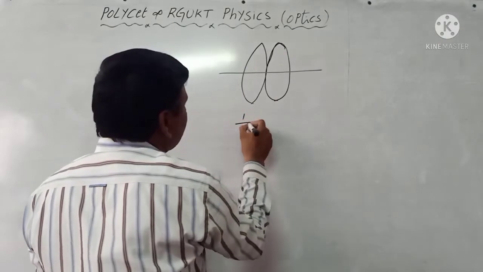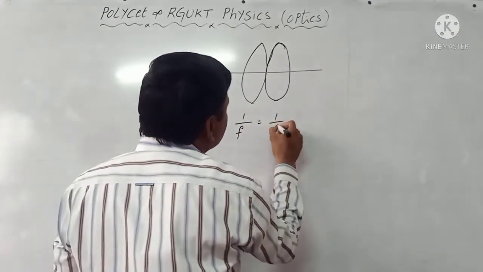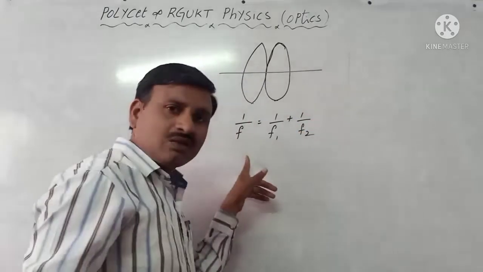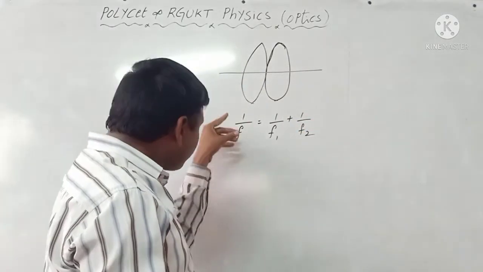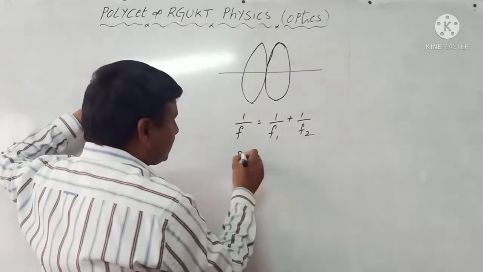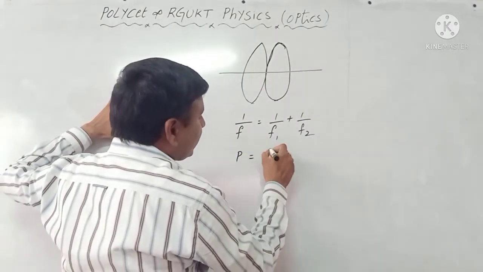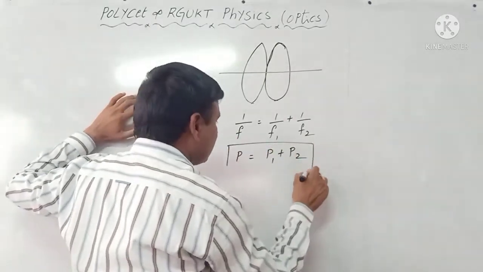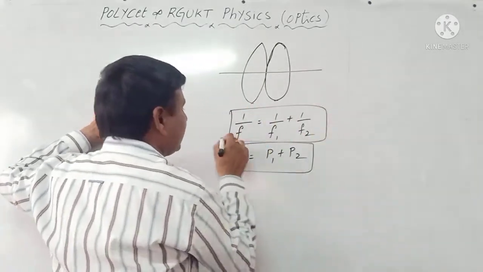Then the focal length is 1 by f equals 1 by f1 plus 1 by f2. Converted into power of lens, P is equal to P1 plus P2.